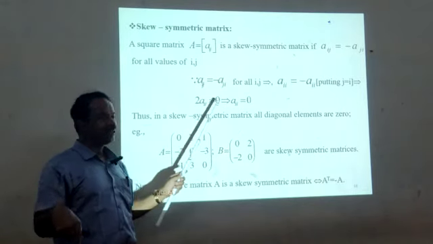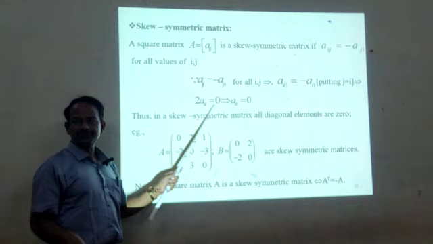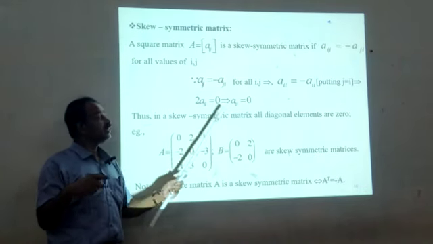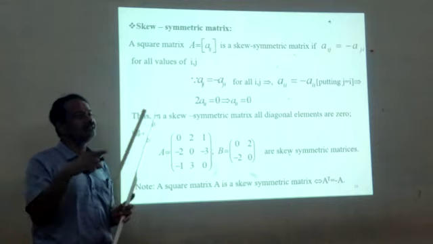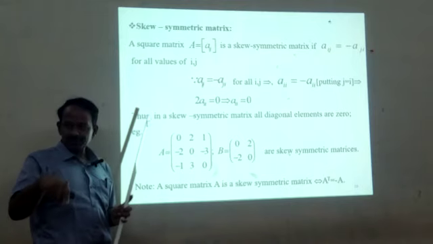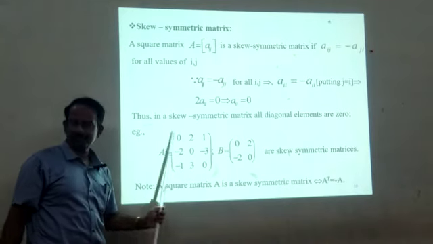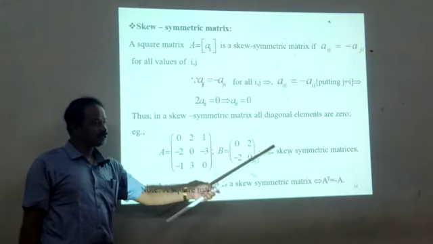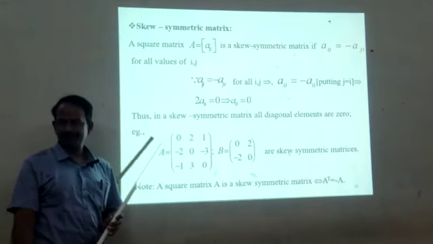So Aii plus Aii gives you 2Aii, which is equal to 0. Since 2 cannot be equal to 0, Aii will be equal to 0. It implies that A11, A22, A33 all will be equal to 0. So for all skew symmetric matrices, the diagonal elements will be 0.